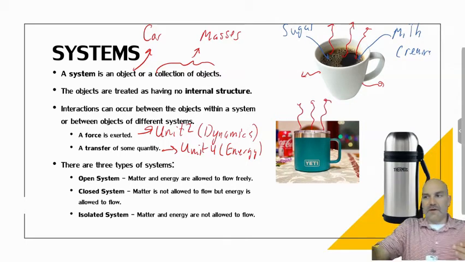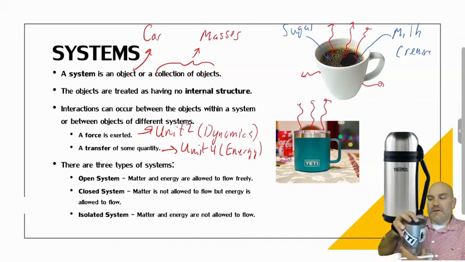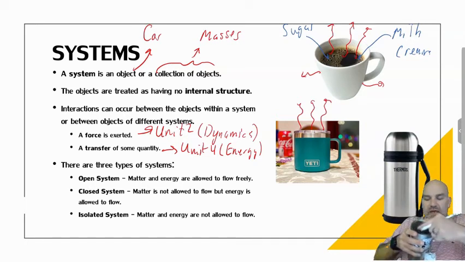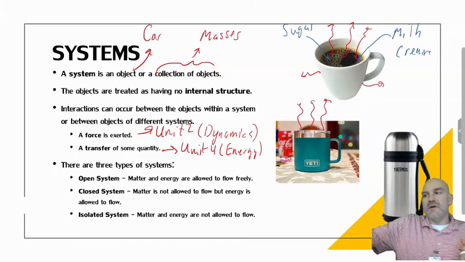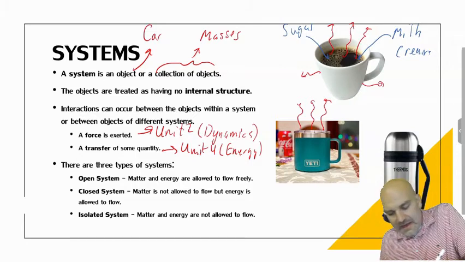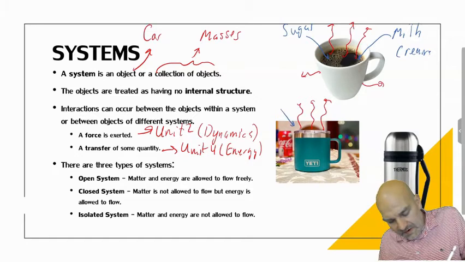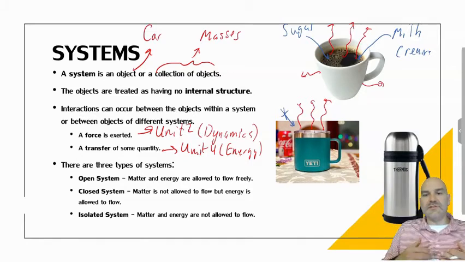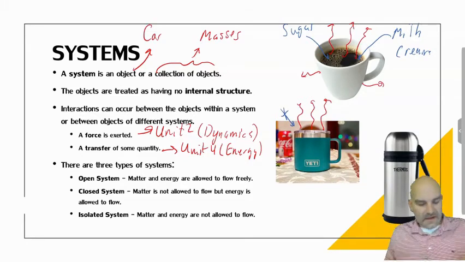If I close it, there's still heat that can come out, not a lot, but I can't put things in. I can't put in cream or sugar. The second I take that lid off, I'm back to an open system.